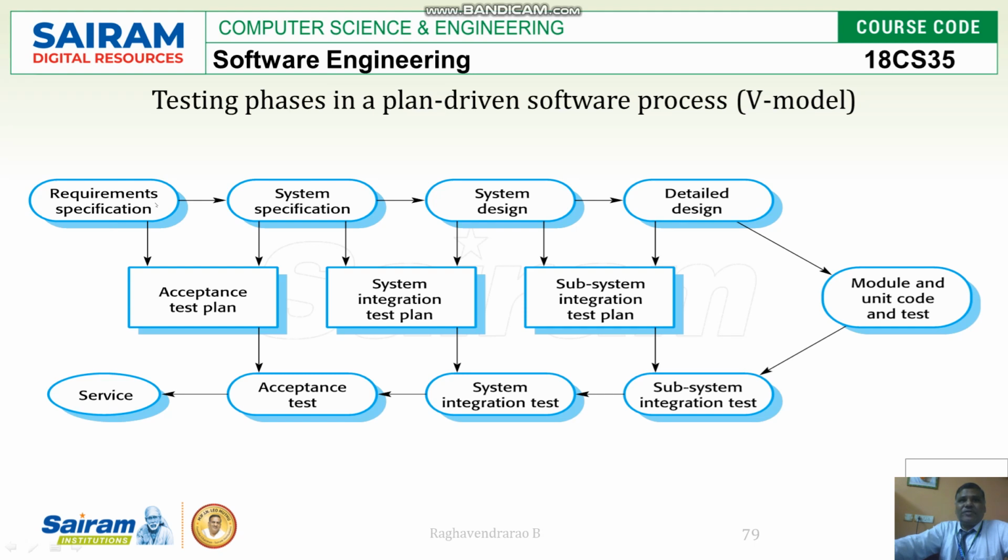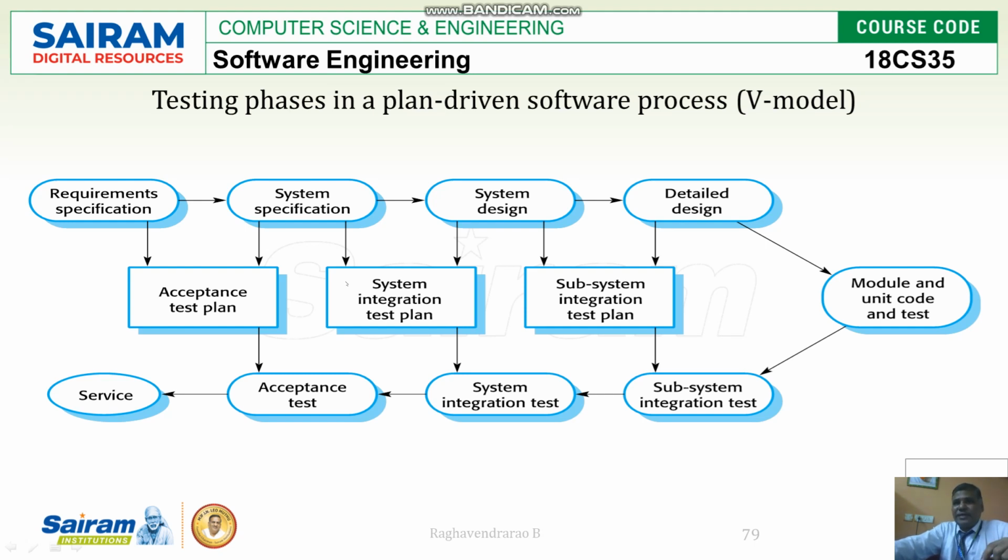Once the requirement specification is there, the acceptance test plan is made. First, based on the requirements, you accept that. Then the system specification is there, so when you design, this acceptance test must be coordinated with the system specification. Next is system integration.